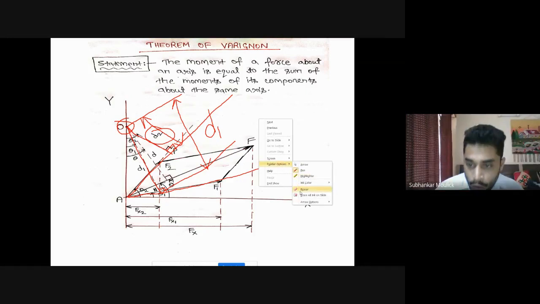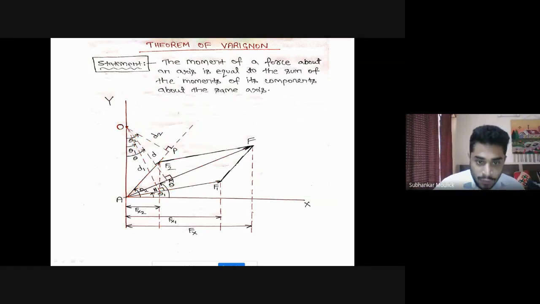No, sir. Okay. So likewise, force F is making an angle theta with respect to the x-axis, F1 is making an angle theta with respect to the x-axis, and F2 is making an angle theta with respect to the y-axis. Similarly, these perpendicular distances will also make an angle. Assume that this perpendicular distance d, which you are taking from force F, makes an angle theta.